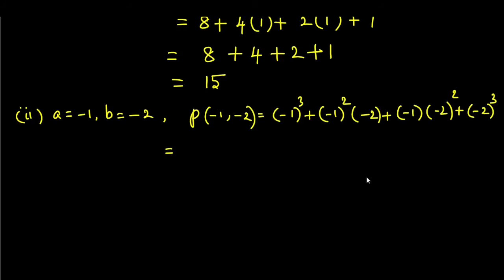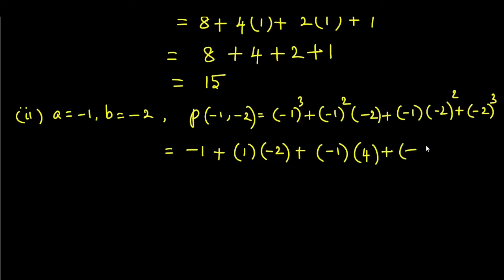Let us calculate carefully. Minus 1 cube is minus 1 plus minus 1 square is plus 1 into minus 2 plus here minus 1 into minus 2 whole square is plus 4 plus minus 8.